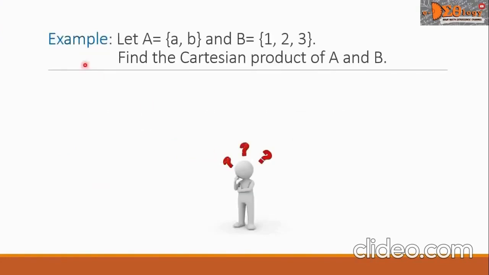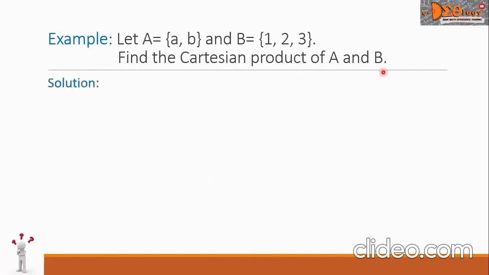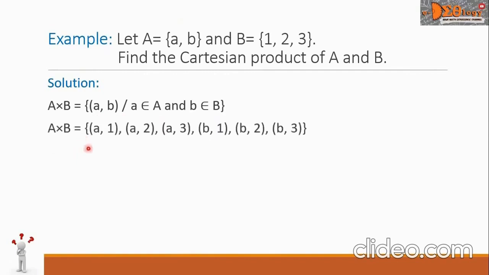Let us see this example. Let set A have elements a and b, and set B have elements 1, 2, and 3. Find the Cartesian product of A and B. So our A times B equals the ordered pair (a, b) such that a is an element of set A and b is an element of set B. So the answer is like this.